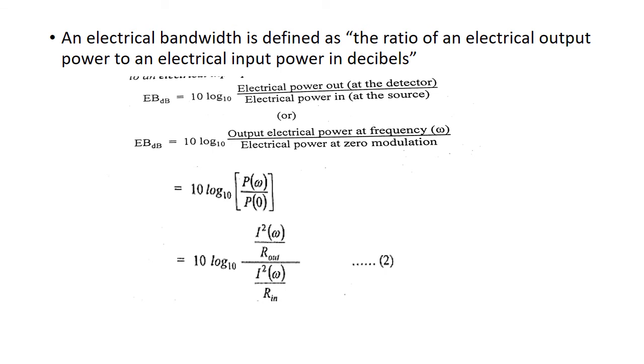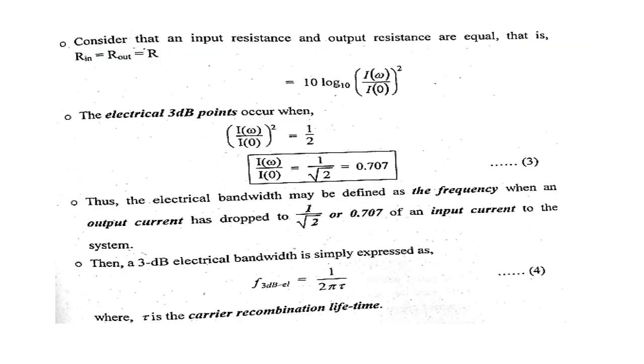So 10 log base 10 of P of omega by P of 0, that is 10 log base 10 of I squared of omega R out divided by I squared of omega R in. Considering the input and output resistances equal, R in equal to R out equal to R, this is equal to 10 log base 10 of (I of omega by I of 0) the whole squared.